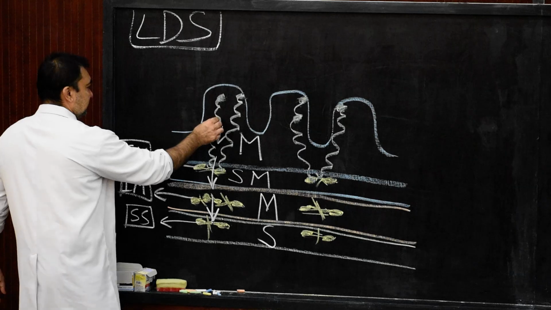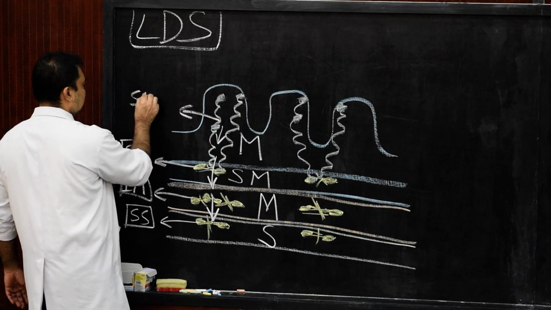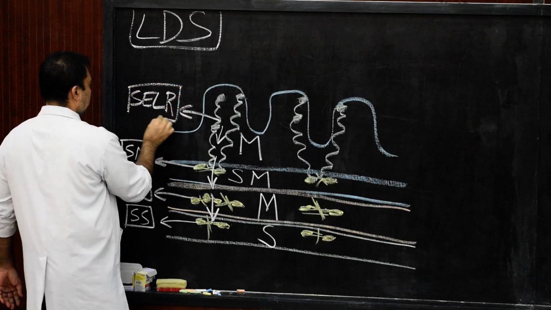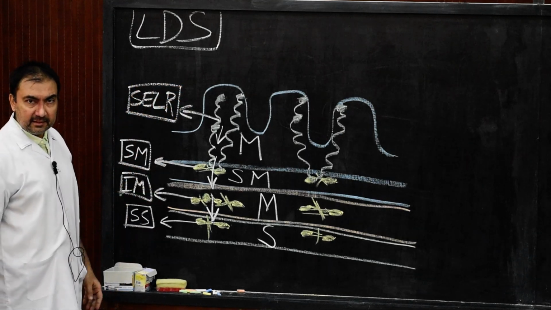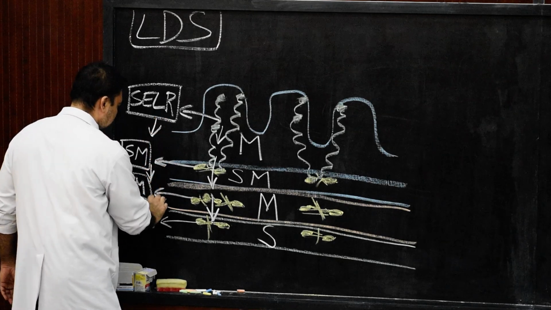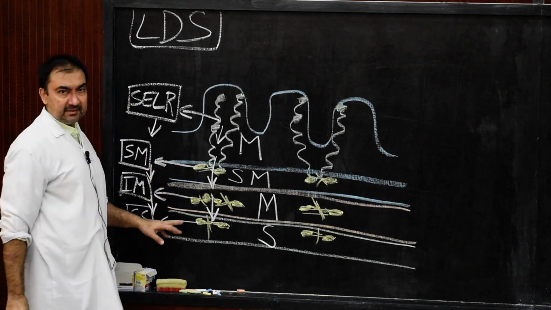I will write this as subepithelial lymphatic radicals. So it will start from subepithelial lymphatic radicals, then it will pass into the submucous, then into intramuscular, then into the subserous.